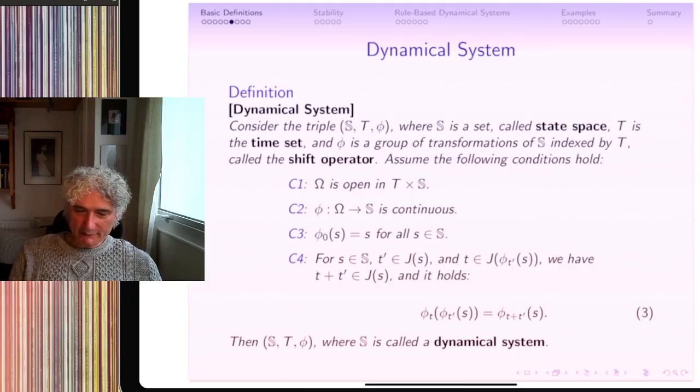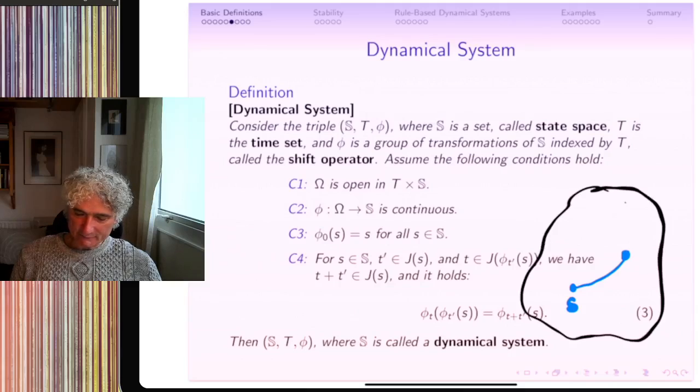So what you have, in other words, is the following. You might start here at s somewhere, and then you shift along with the operator until you come to another point in state space. So the whole thing here must be inside the state space, which is given by S. And then you shift a little bit further.